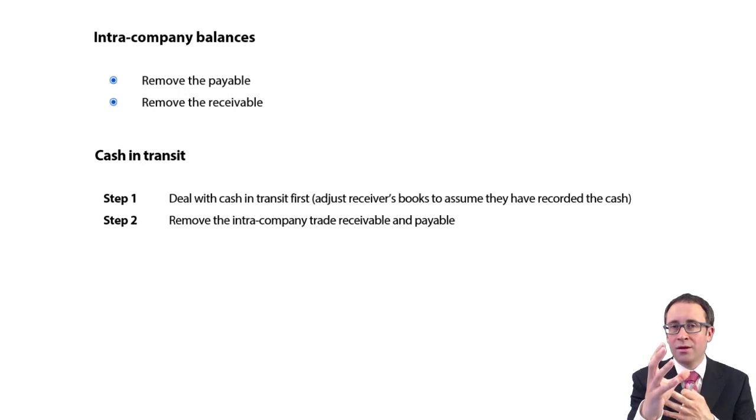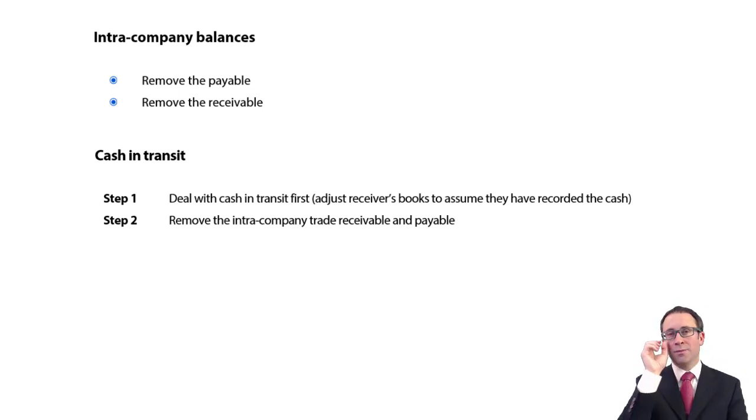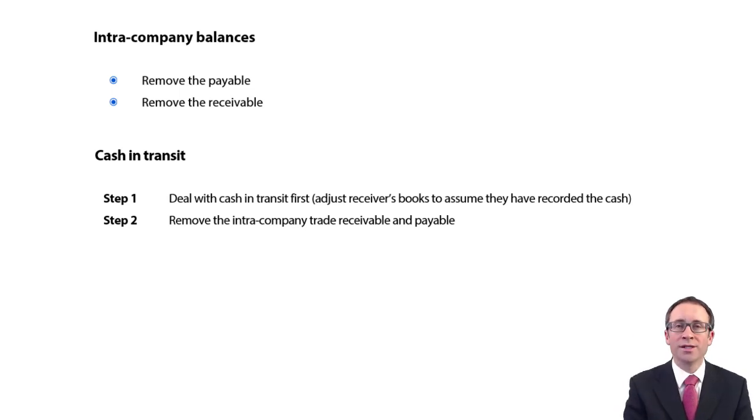So here, we need to start looking at adjustments that we make based upon the single entity concept. The fact that yes, P and S separately are two legal entities and will prepare financial statements and submit them to Companies House. But for the group financial statements, it's based upon one single economic entity, isn't it?